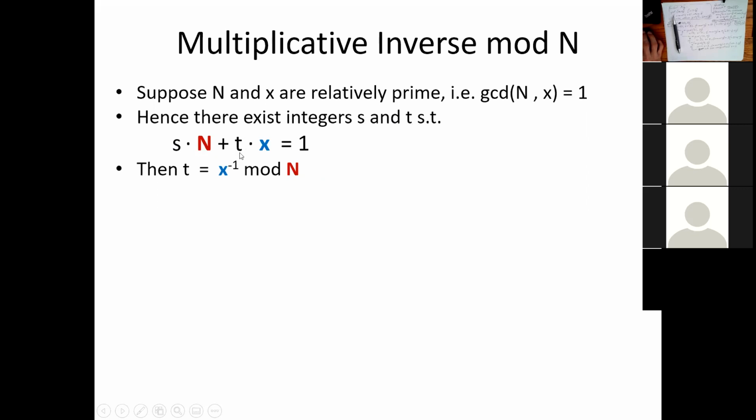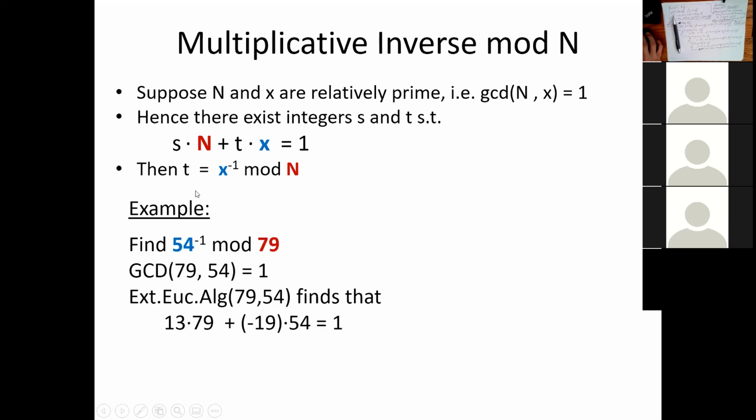This coefficient here is a multiplicative inverse of x mod n. Here's an example. I'm going to verify that 79 and 54 have GCD 1, and the Euclidean algorithm will find me these coefficients.